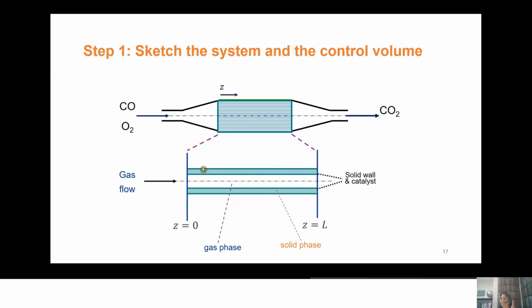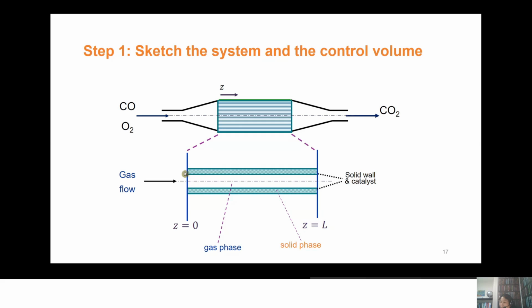We will only model one channel because we made an assumption earlier that allowed us to do so. Then we will label the coordinates. We will take the gas inlet as Z equal to 0 and the outlet as Z equal to L.